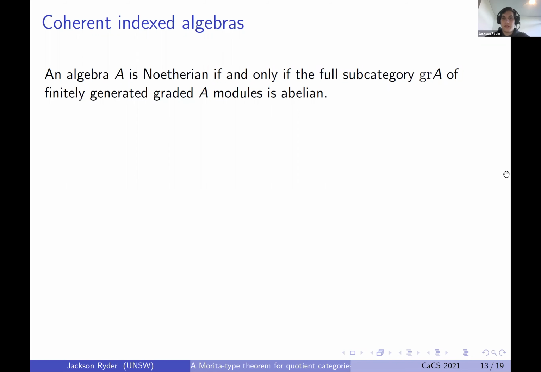So our algebra is Noetherian if and only if this category of finitely generated graded A-modules is abelian. A lot of the time, finite generation is a bit of a strict condition. We'd prefer to work with finitely presented modules. So what do we have in this case?